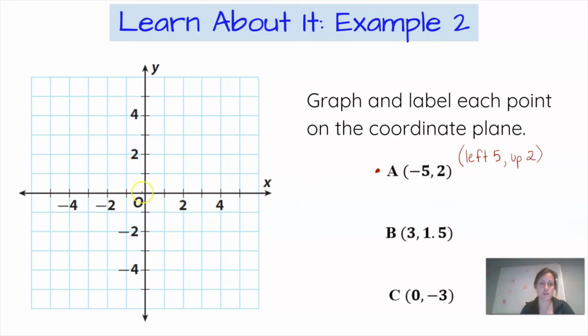So let's start at the origin and move to the left 5, 1, 2, 3, 4, 5, and up 2, 1, 2. Here is the point A, which is -5, 2. And that's located in quadrant 2. This is quadrant 2 right here.